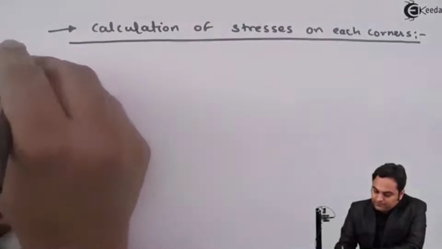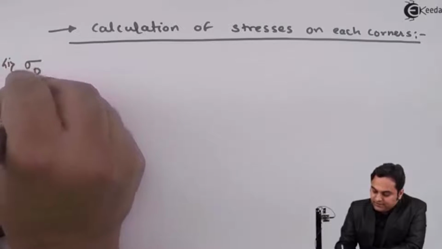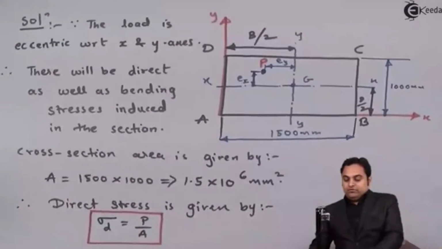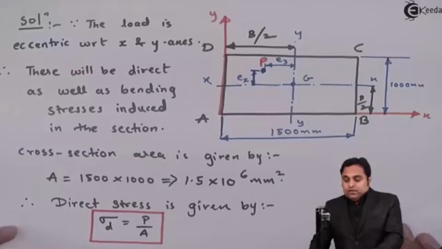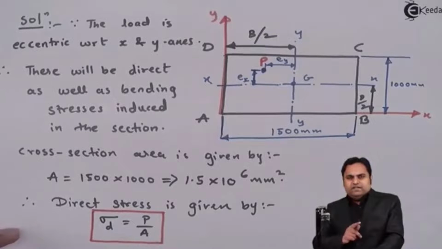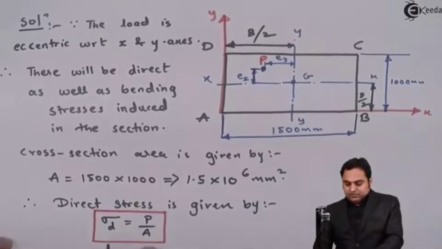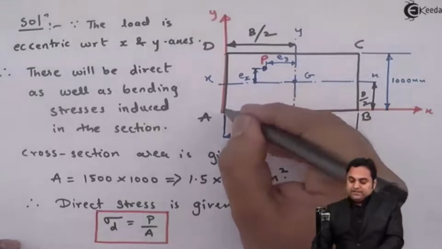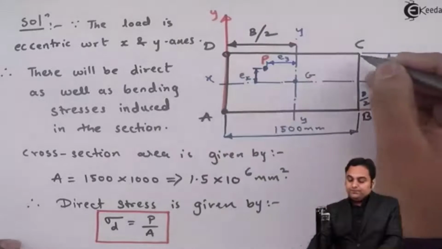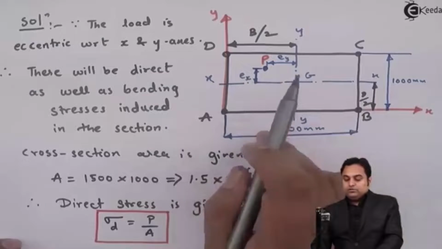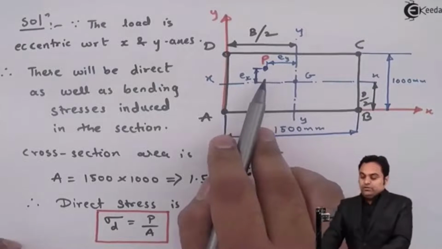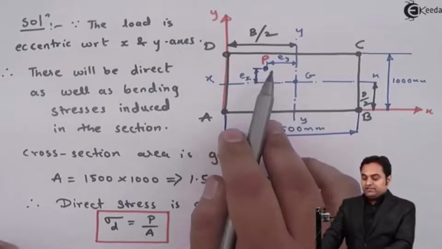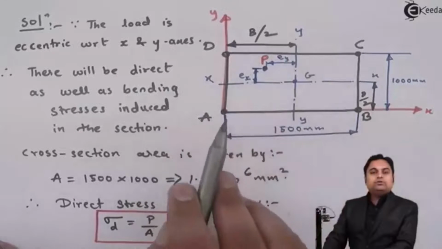So first, the stress at D, I'll denote it as sigma capital D. Now if we look into the diagram, the direct stress we have calculated first will be acting at all the corners, because the effect of this eccentric load is first to produce direct stress, and that direct stress will be there on all the corners.